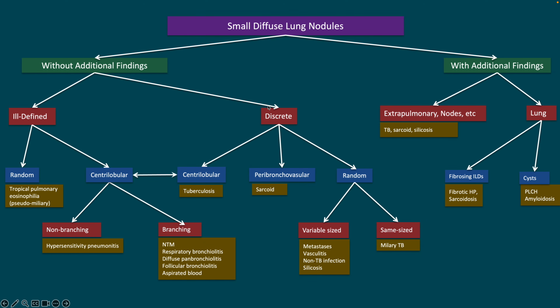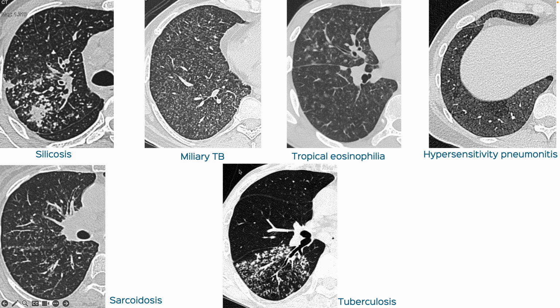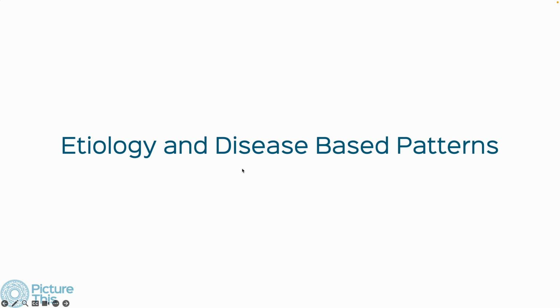I will probably do one. But there is an earlier post at ctchestreview.com that talks about an approach to small diffuse lung nodules. It depends on the pattern, the appearance, etc., and you can then try and come to a diagnosis. I use this myself when I'm reporting these scans to differentiate among all of these entities.